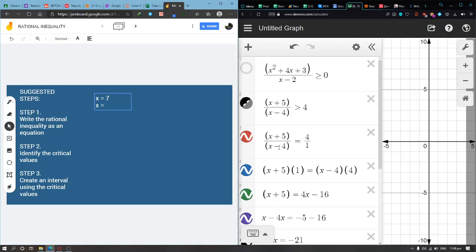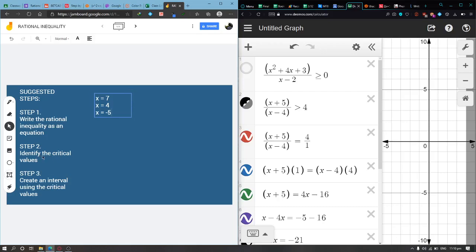So what is the value of x to make it 0? x minus 4 is equal to 0, transpose, x is equal to positive 4. And then let's use also x plus 5. x plus 5 is equal to 0. Transpose positive 5, it will become negative 5.